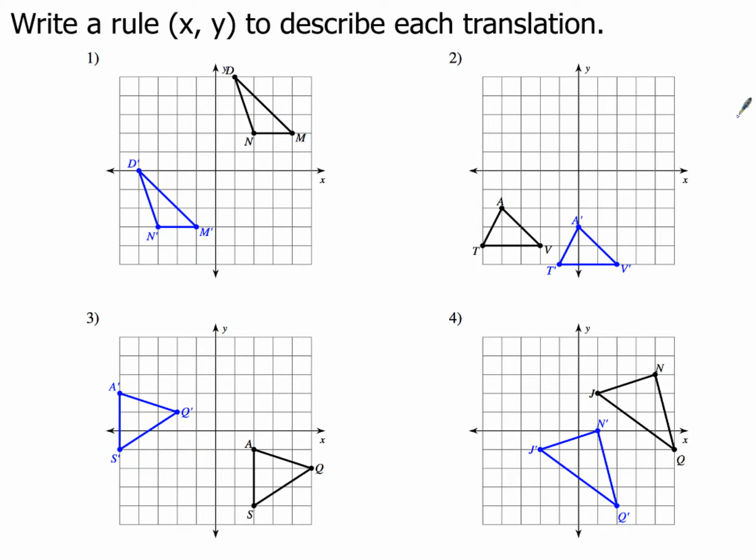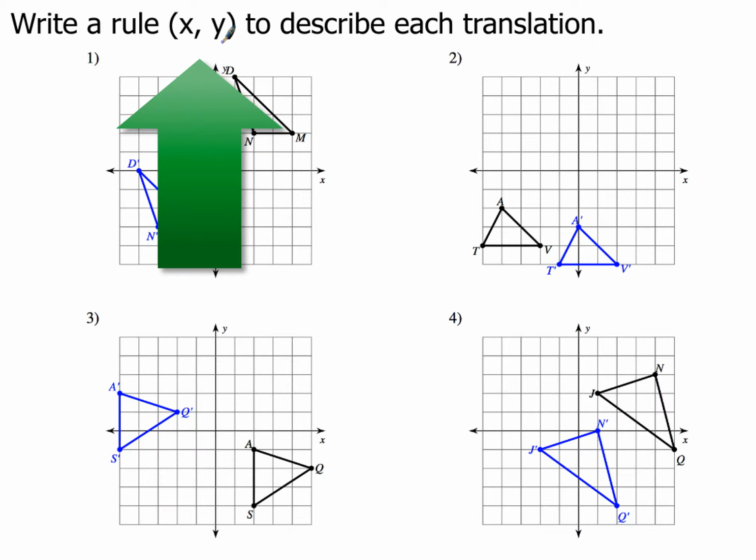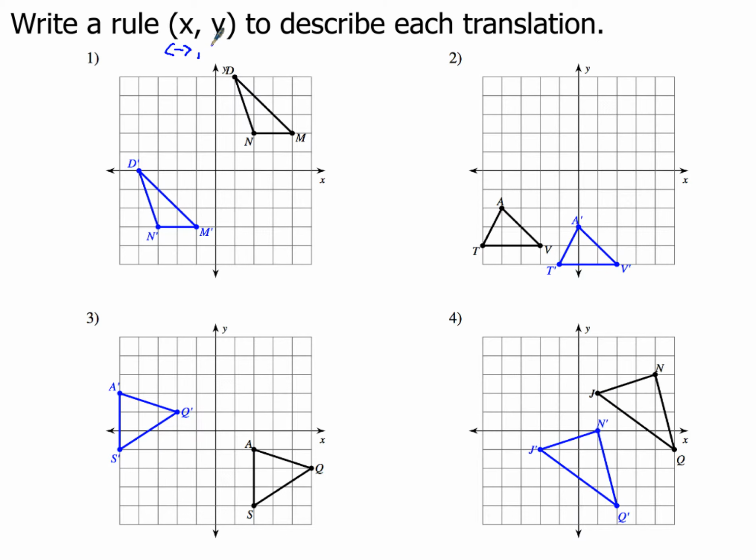Well, in order to do that, we're going to have to be able to count. Now you can pick any of these vertices that you want, whether you want to start with D, M, or N. It's totally your call. But what you're going to have to do is pay attention to this piece right here, X, Y. In a coordinate pair, X refers to moving left and right, and Y refers to moving up and down.